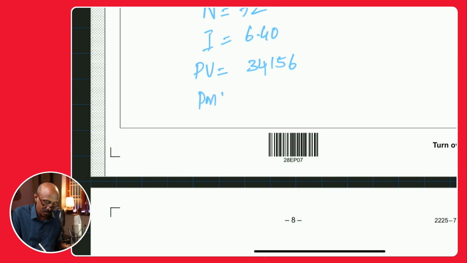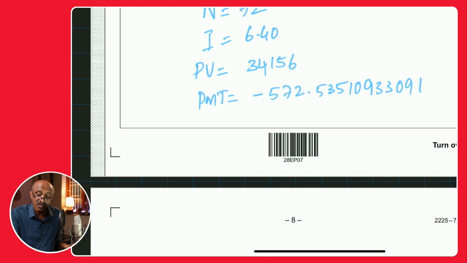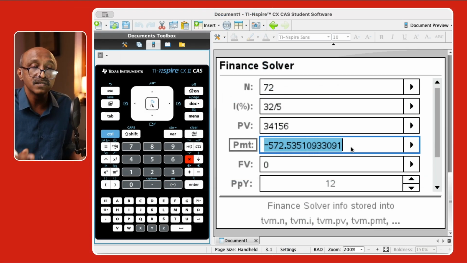Payment, as I see on the calculator, I'm going to enter it as negative 572.535. What else do I see? 109. You know what? You don't have to do all of this, but I'm just doing it, 933091, so that you can see that. And if I was the examiner, I'd like to see that you rounded off.